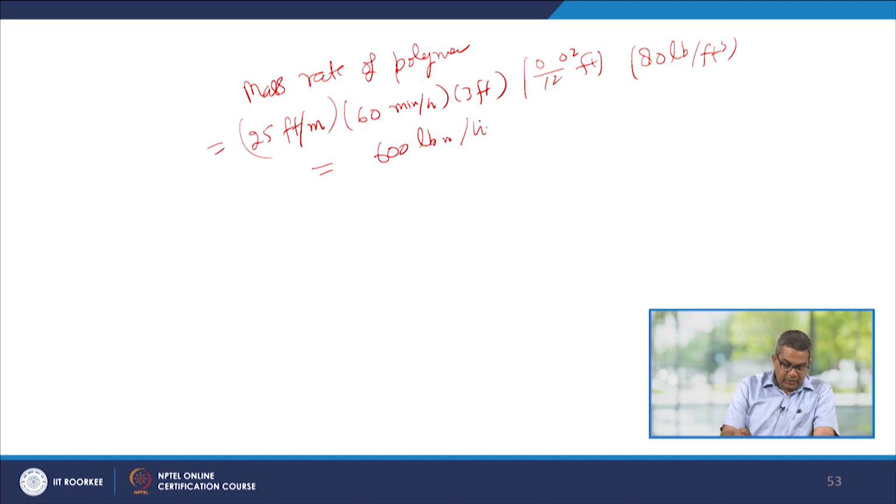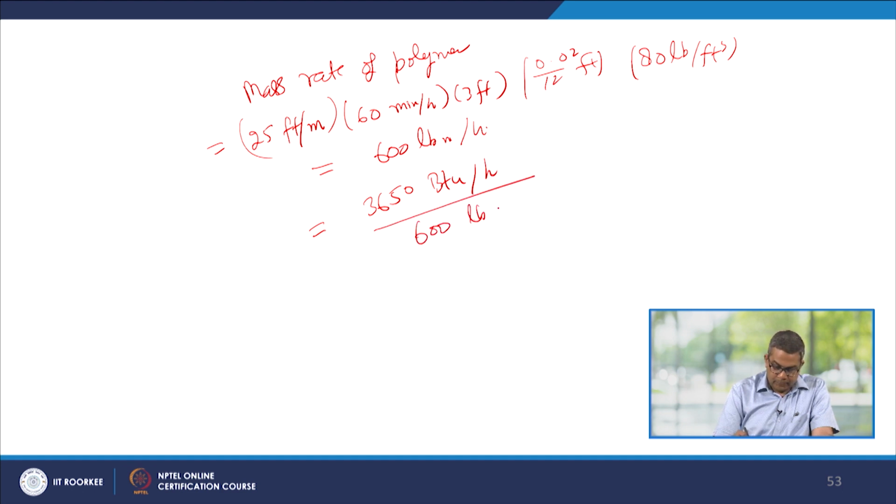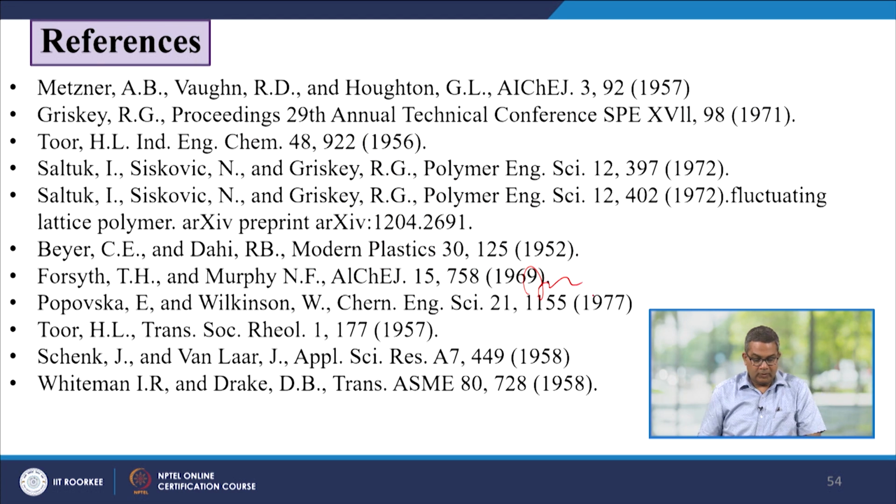And the enthalpy rise is 3650 BTU per hour over 600 pound per hour, which comes out to be 6.25 BTU per pound. This is the required answer.